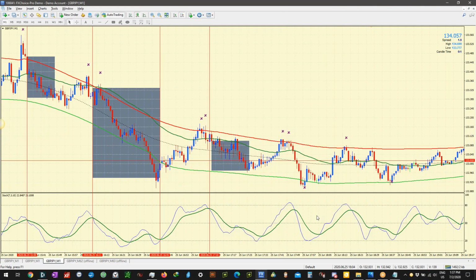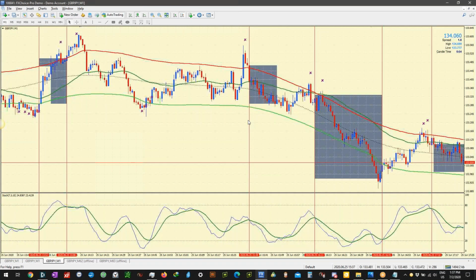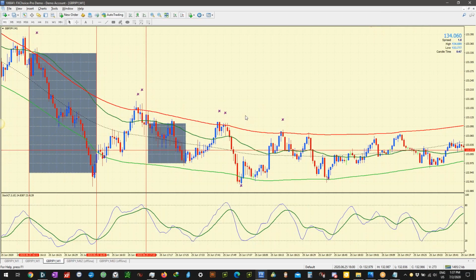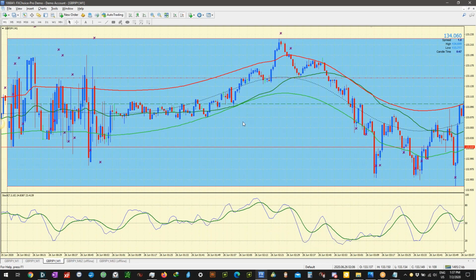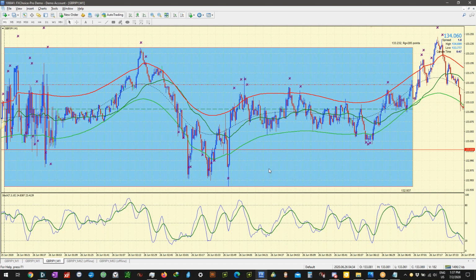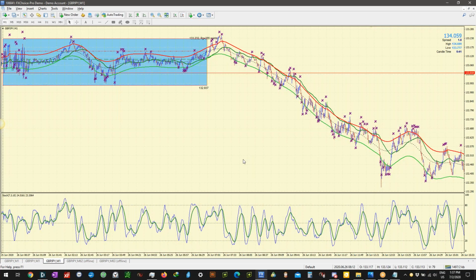More importantly, you have to see where in the session you are, because for the pounds, this is the Asia session, right? Look how much money you have here.